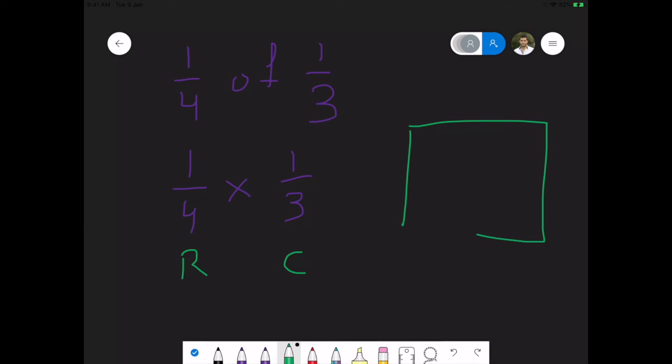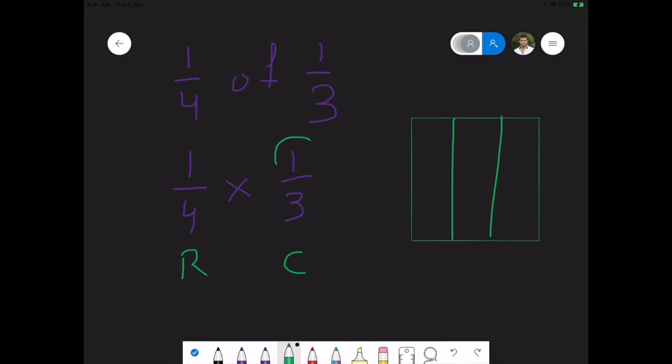Alright, I will go ahead and draw 3 columns. There it is. And my problem tells me that I need to shade one of these columns. Alright, I will do that. Here it is. This is 1 out of 3. Alright. Now my problem is telling me that I need a quarter of this third.